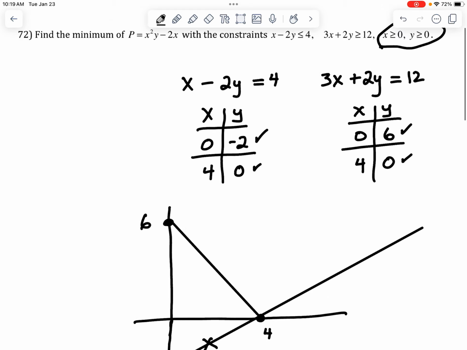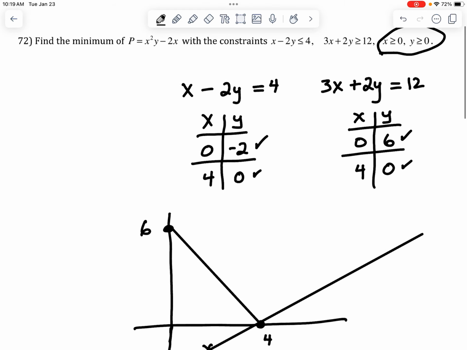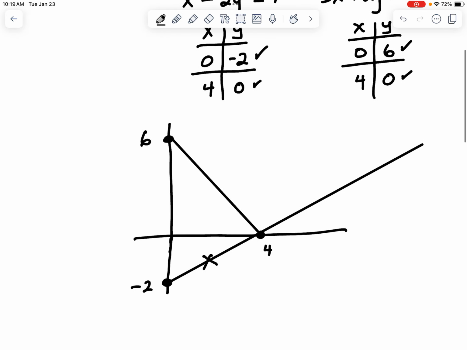Now pay attention to the inequalities. So I'm thinking that this is probably going to be the area, but I do need to test it. So literally it would be this whole triangle, although we're not going to use the negative part of it. So is this inside part of the triangle correct?